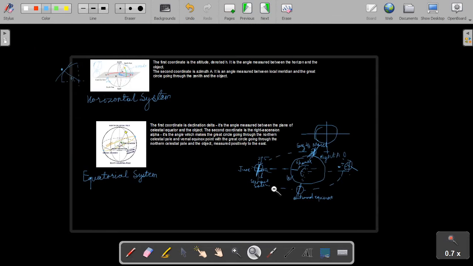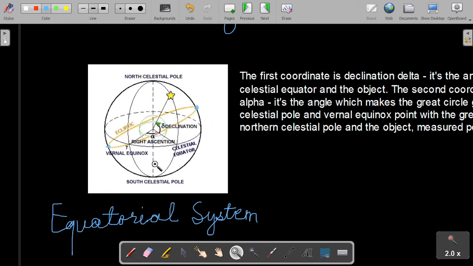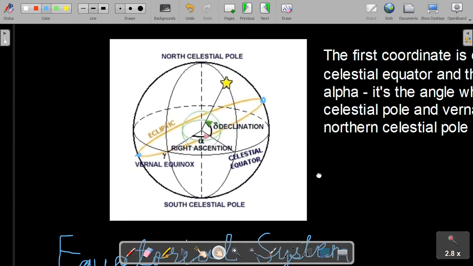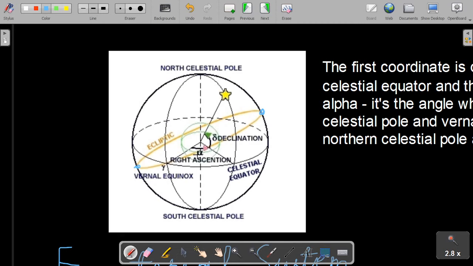Let's move to the next part. But before moving on, let me just give an insight on the ecliptic. As you can see, this is the vernal equinox. Now the sun is rising in declination, reaches the point of the summer solstice.